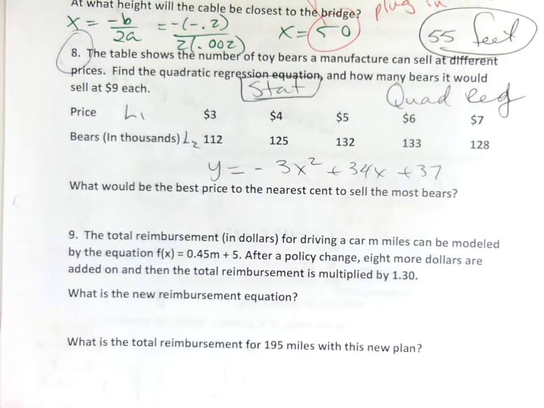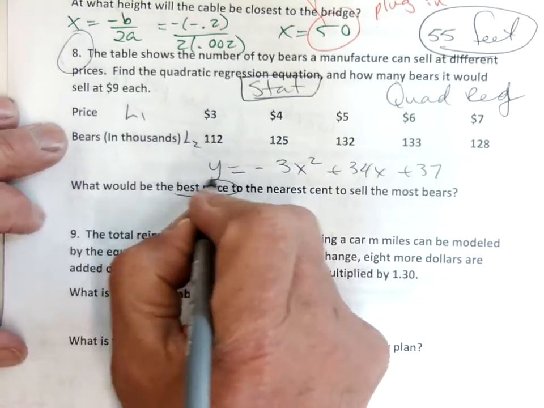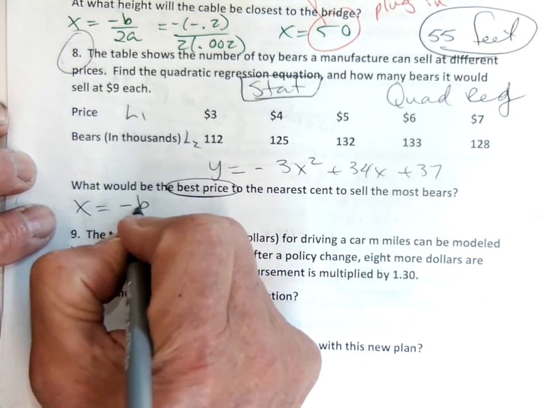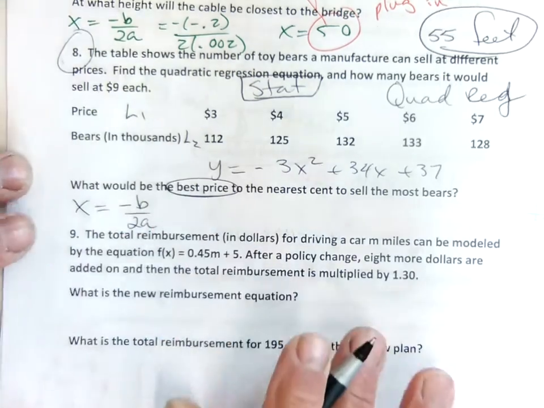Now, it seems like the best price is about $4 or $5. You look at the chart, and it looks like the best price might be about $4 or $5, but it might be $4.50, or $4.25. So the best price, again, is going to be a vertex. We're going to use x equals negative b over 2a again.